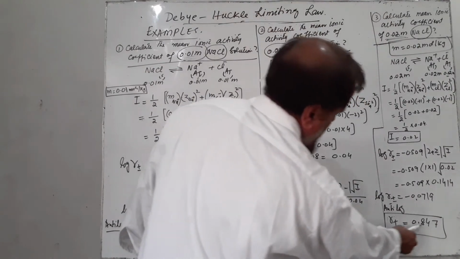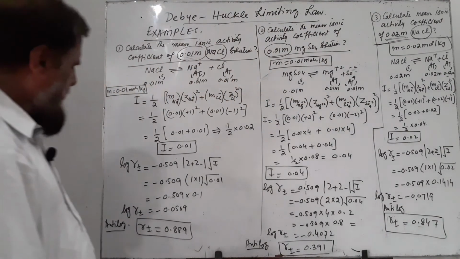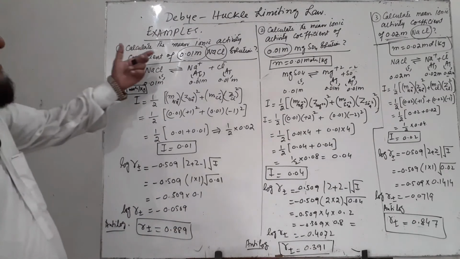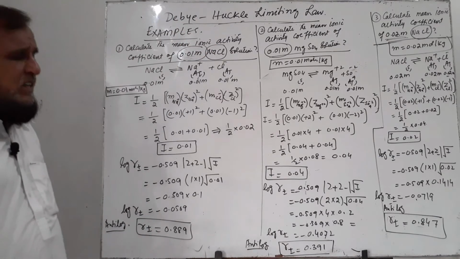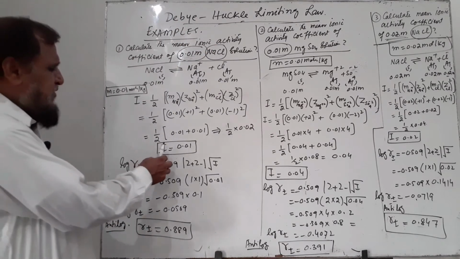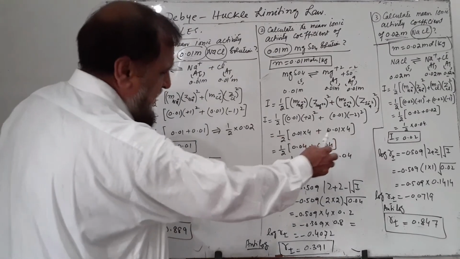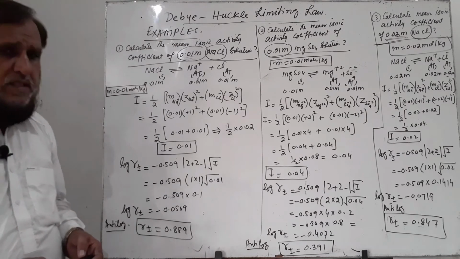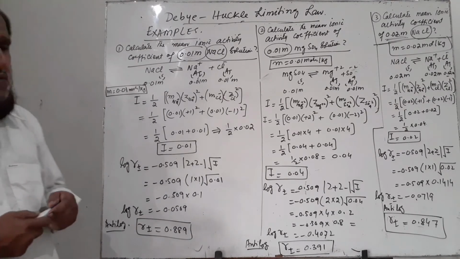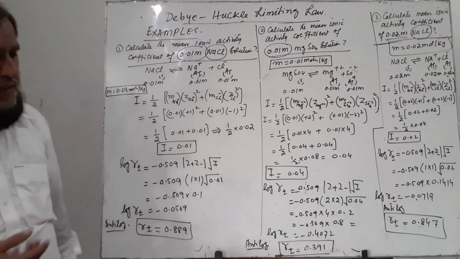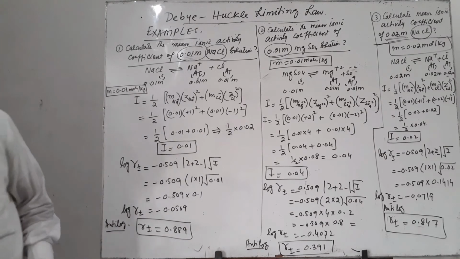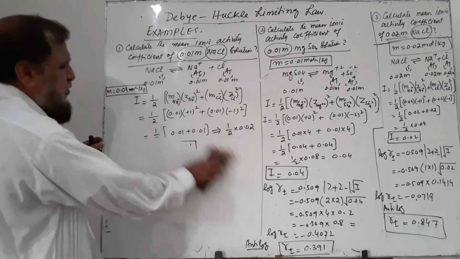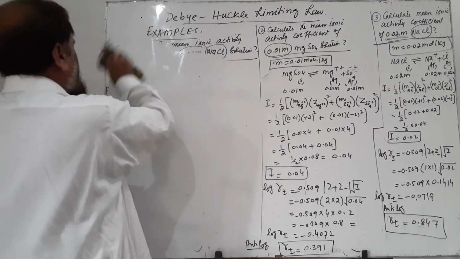For example, for 0.01 molar sodium chloride, the mean ionic activity coefficient is 0.889, while for 0.02 molar sodium chloride, the mean ionic activity coefficient is 0.847. It has decreased. Thus, when the concentration of the solution is increased, the ionic strength also increases, the activity coefficient decreases, and the solution moves towards non-ideality. The two conclusions which we have drawn show that as the ionic strength increases, the activity coefficient decreases, and the solution moves towards non-ideality.